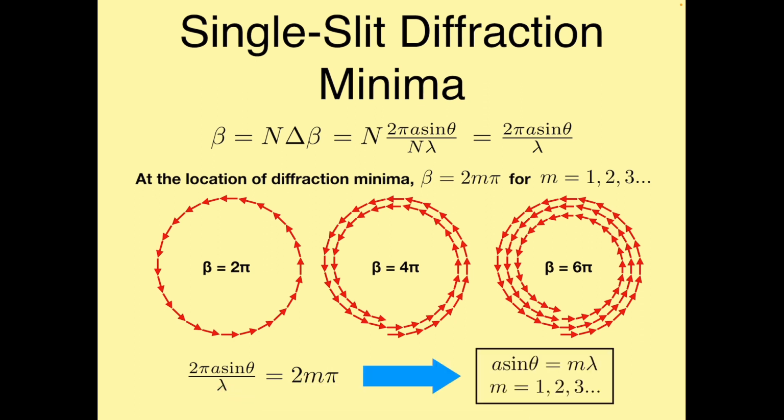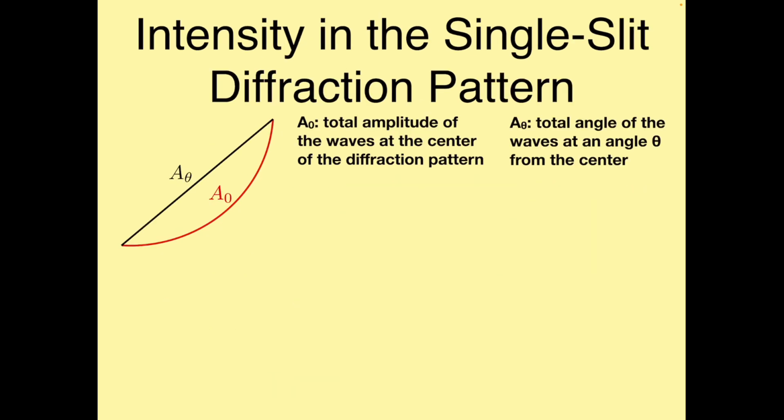That gives us a sine theta is equal to m times lambda, for m equals 1, 2, 3, and so on. This is where the equation from the first video came from. Okay, this is where the diffraction minima are located. This is how we know this actually works. Okay, so we've derived an equation that we saw earlier.